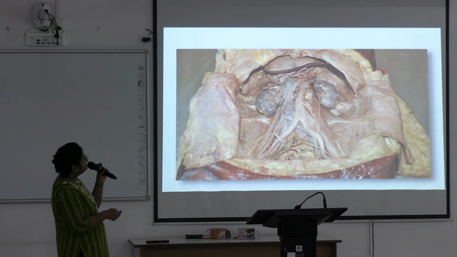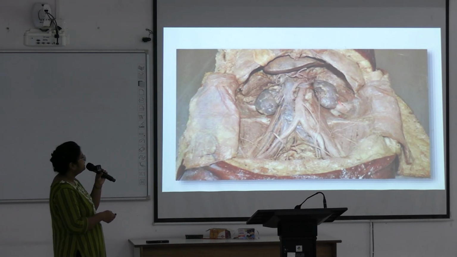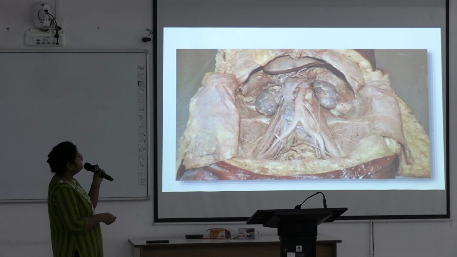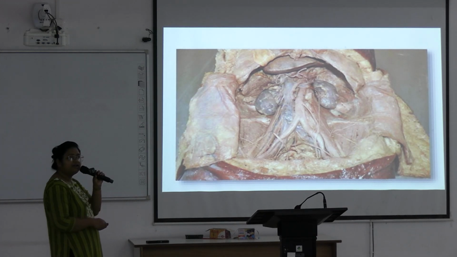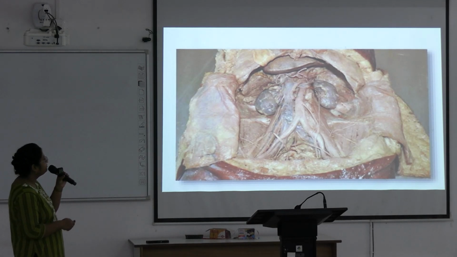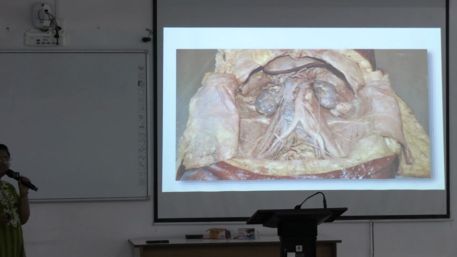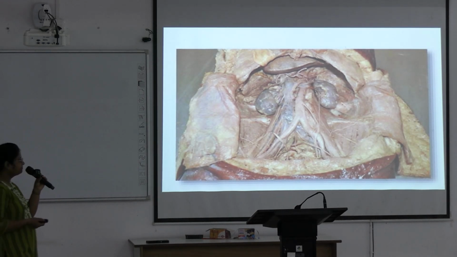From above downward will be the subcostal nerve, iliohypogastric, ilioinguinal, and lying over the psoas major, this nerve is the genitofemoral nerve. Lateral to the psoas major, this is femoral nerve, and medial to the psoas major will be the obturator nerve. Okay, understood? All these you must have seen in your posterior abdominal wall dissection.